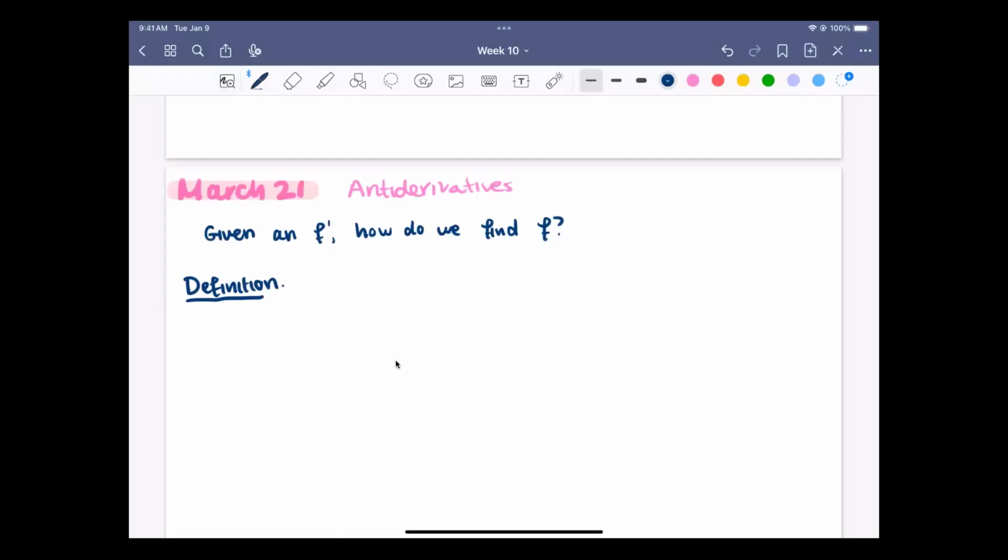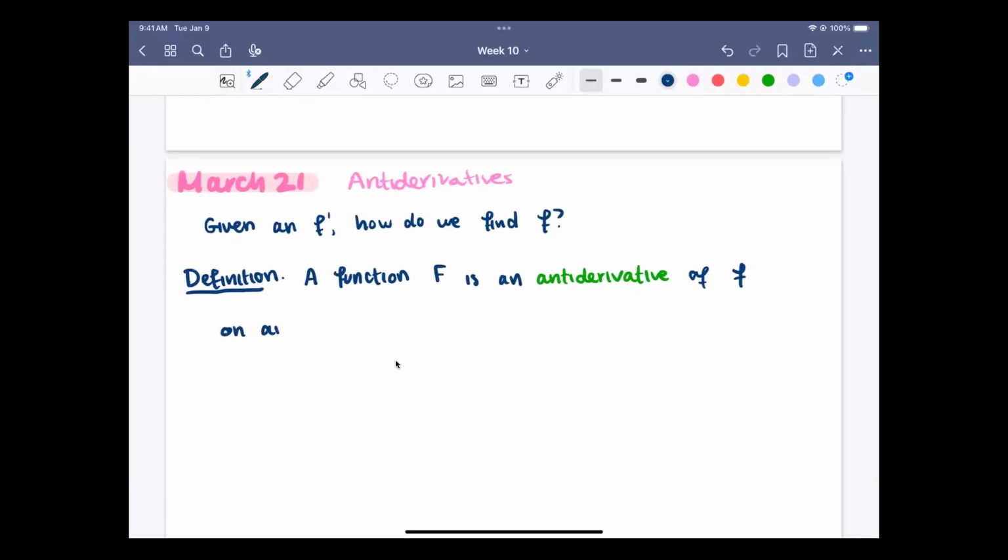So a function capital F is called an antiderivative of the function little f on an interval I if the following holds: if we take the derivative of capital F, so capital F prime of x, this is equal to little f of x for all x coming from that interval.